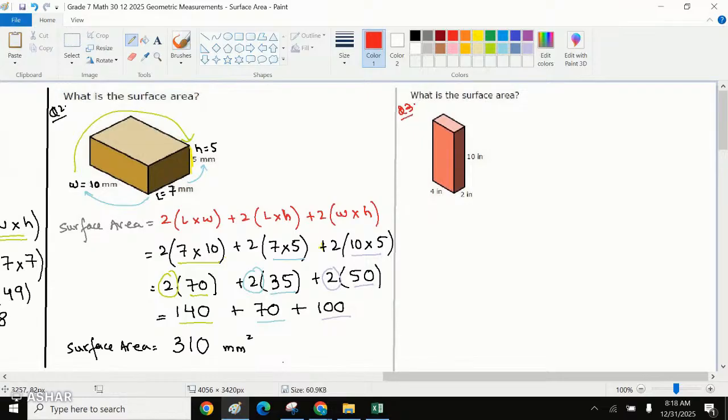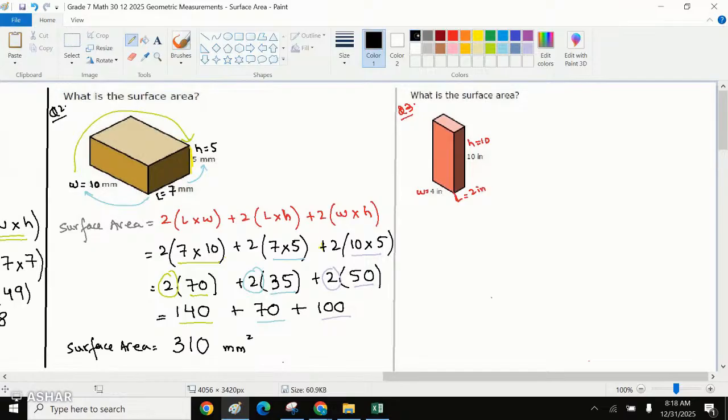The first thing we need to do is label the values. So can I say this is the length, this is the width, and height was 10. The length was 2 inches, the width is 4 inches, and the height is 10 inches.